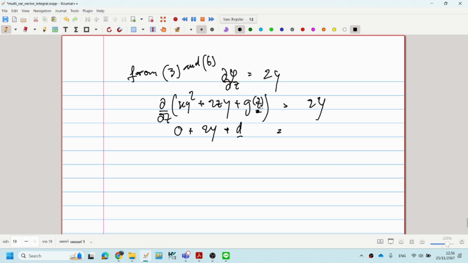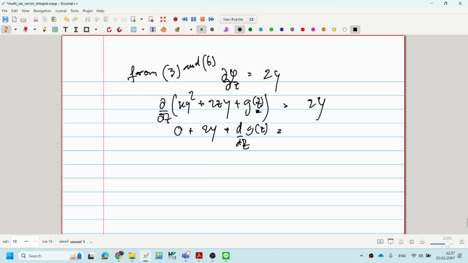Because the independent variable c is only one variable, this g is a function of one variable. It's not multiple variables anymore because it depends on one variable.